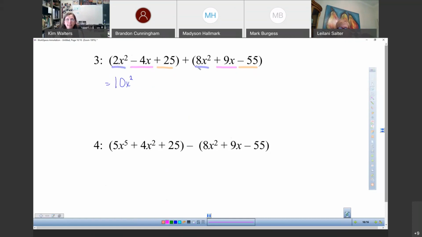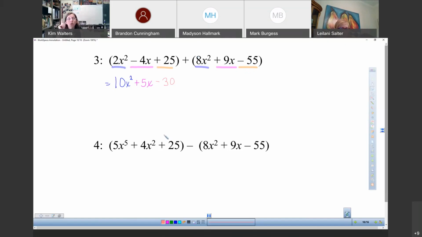Now in this case, I have negative 4 plus 9, and that's going to give me, yes, perfect, 5 of my x's. And then finally, I have 25 plus a negative 55. So I got a positive and a negative that I'm adding together, and this one is going to be negative 30. Yep. Excellent. Okay.